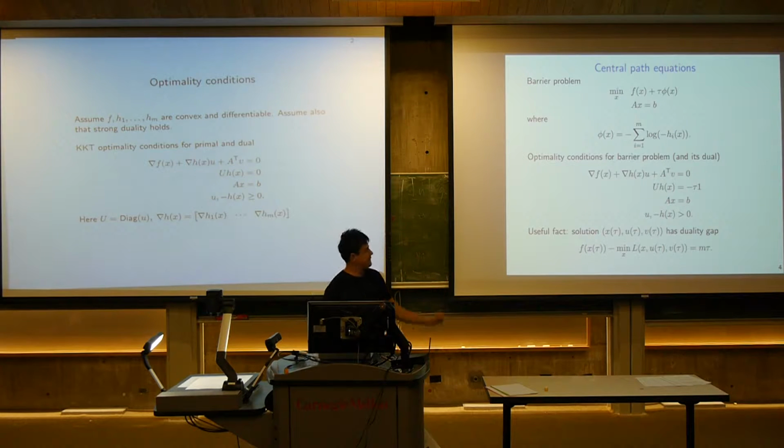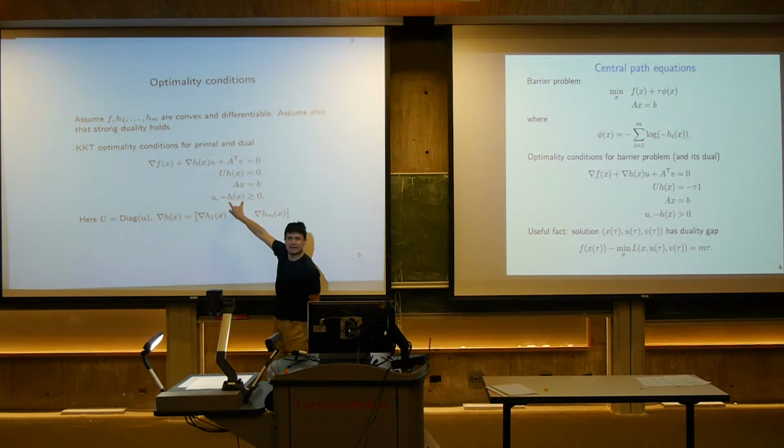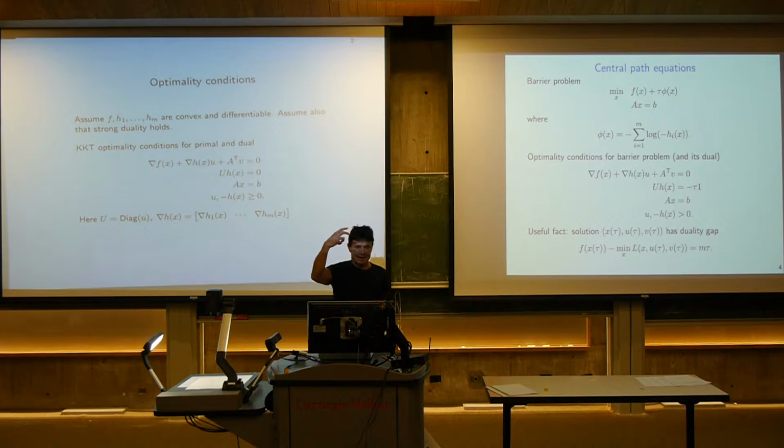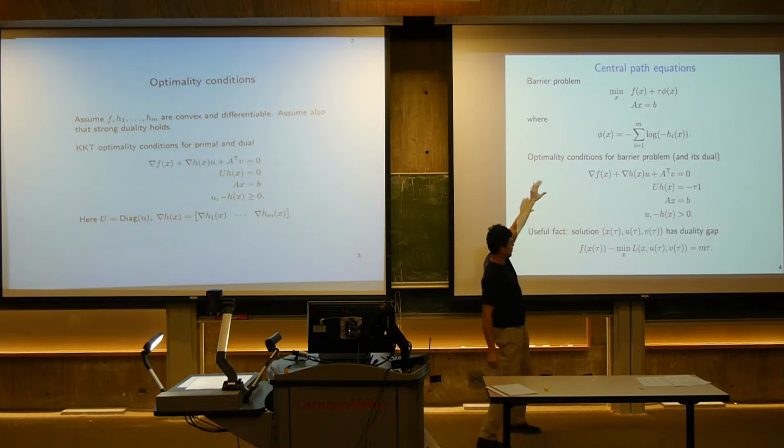Then we have feasibility, Ax equal to b. And we have strict feasibility both for the primal inequality constraints and for the dual variables. Those are the optimality conditions for the barrier problem.